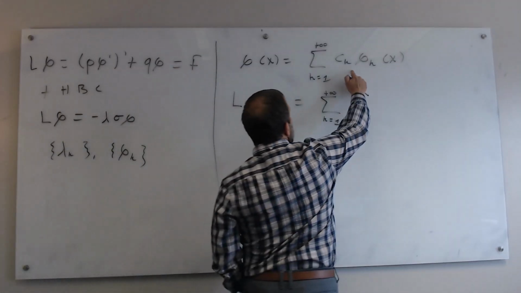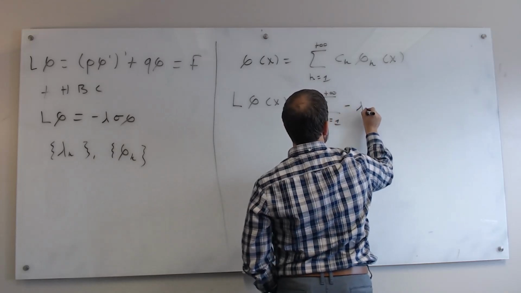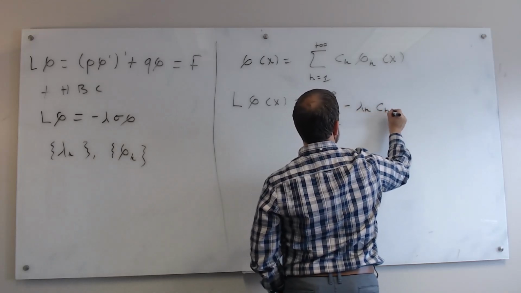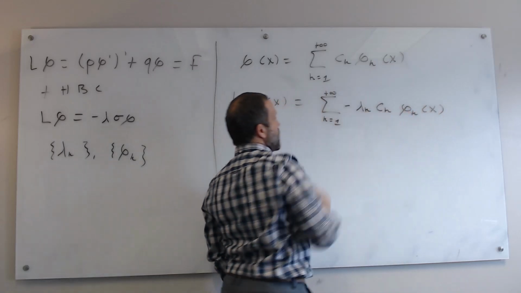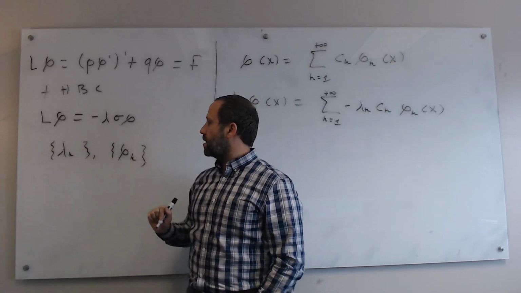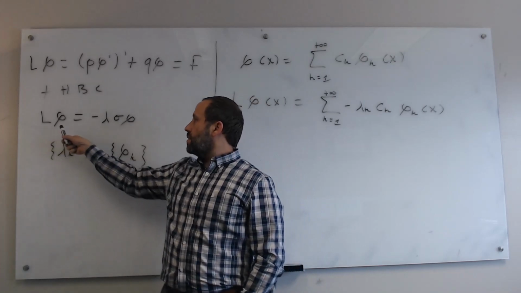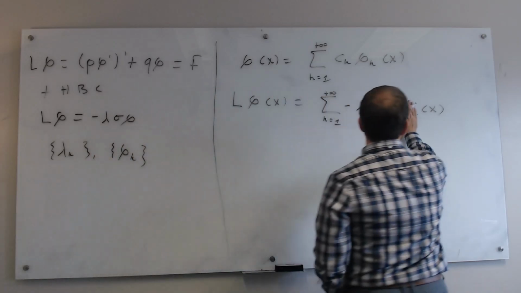Well, if I apply L to phi k, this is just going to be equal to minus lambda k sigma phi k of x, because that's what it means for phi k to be an eigenfunction and lambda k to be the corresponding eigenvalue. I forgot the sigma.